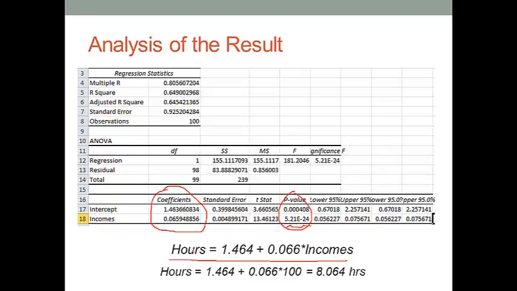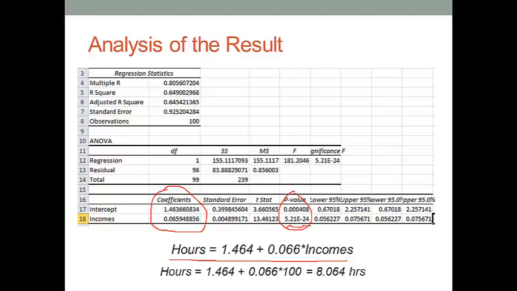What conclusion can we make? It's still the same. You can ignore 1.464. You can say in the population, hours equals 0.066 times incomes, because the intercept is not significant.